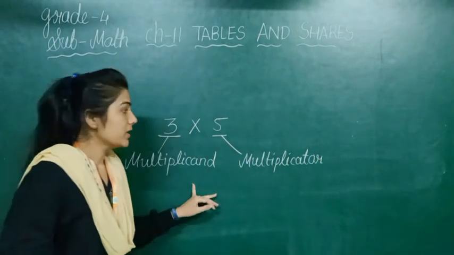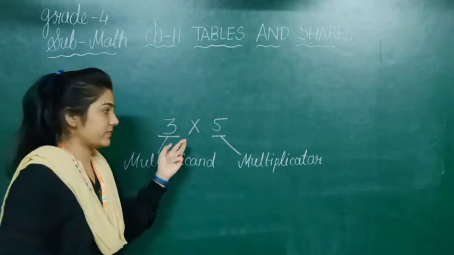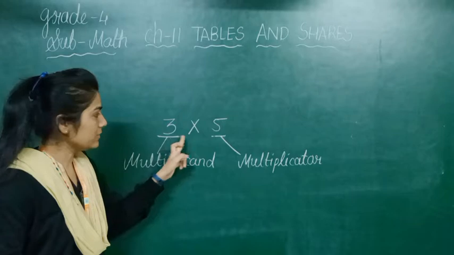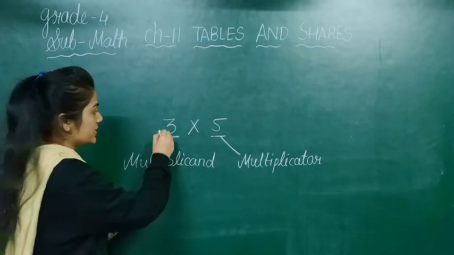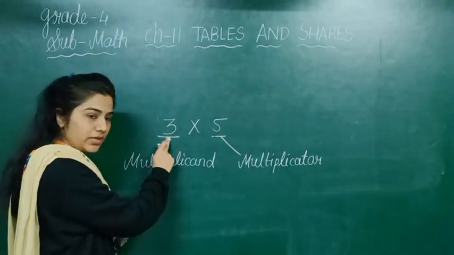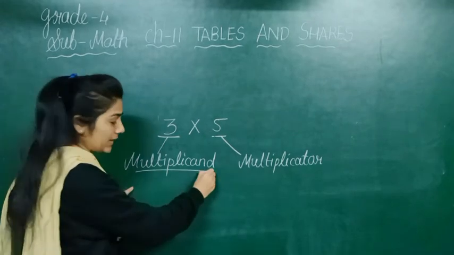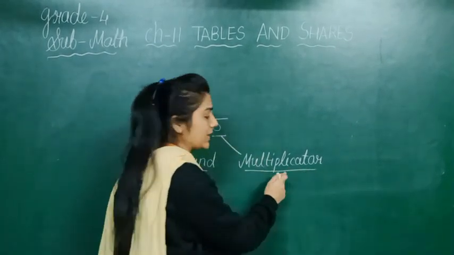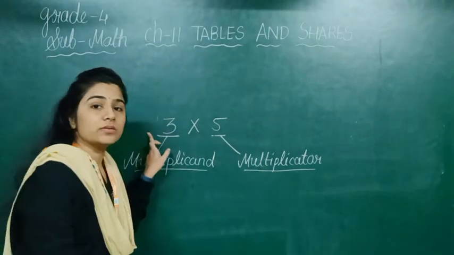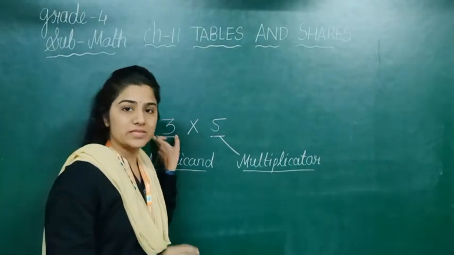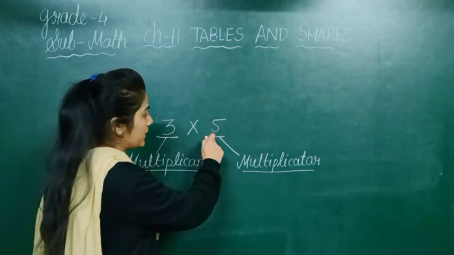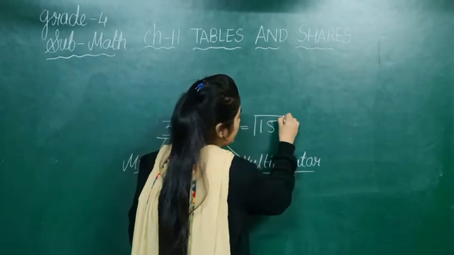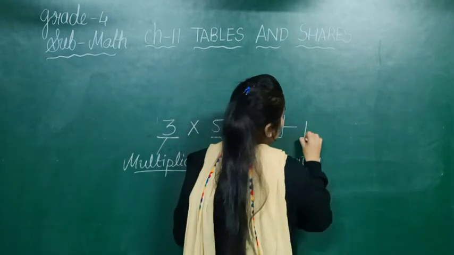Again I am repeating, we write the multiplication this way: 3 5s are 3 multiply 5. This first digit, which is 3, is the multiplicand, and 5 is called the multiplicator. Whatever answer we get, 3 multiply 5 is equal to 15, and this 15 is called the product.